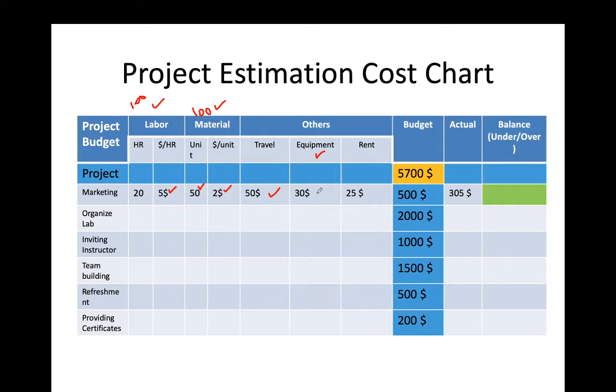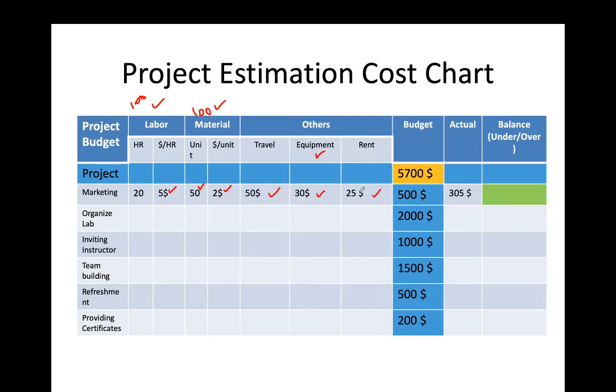And the last one is rent, because we need to take some bikes on rent, or some space for sitting, or maybe if we are putting some marketing stall in the university, so for that rent I keep 25 US dollars.